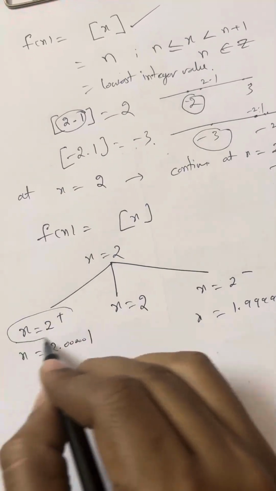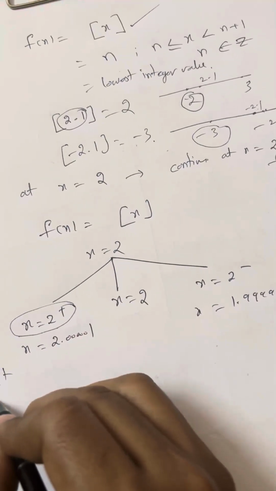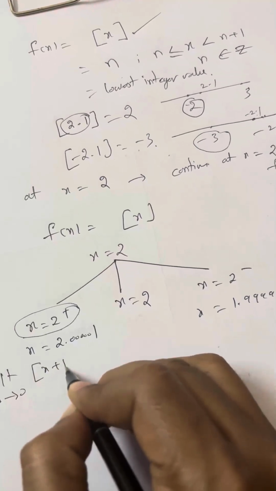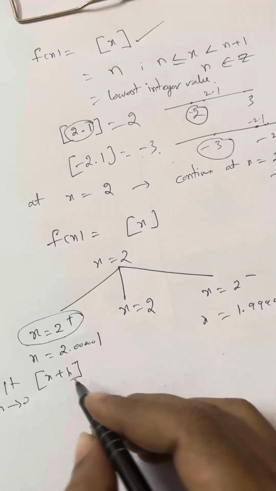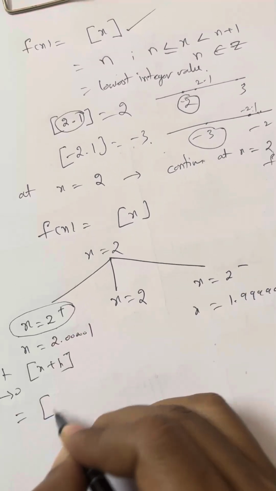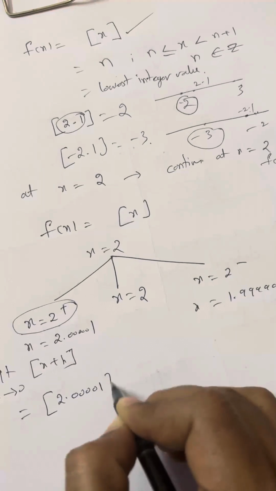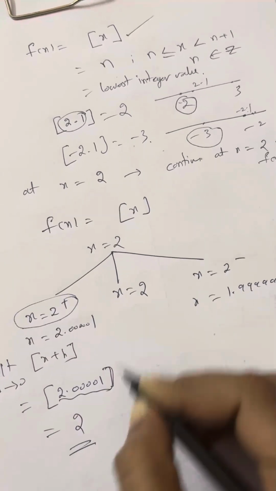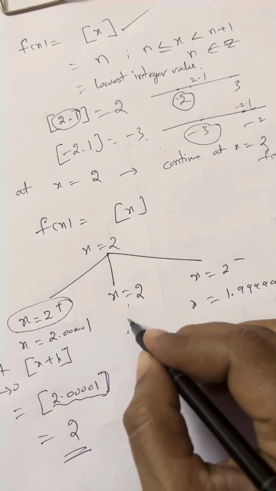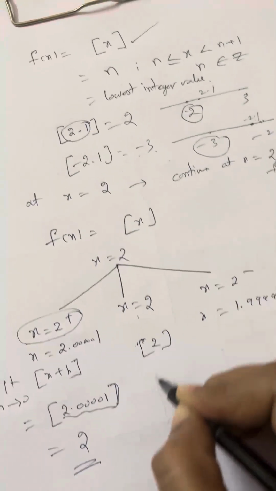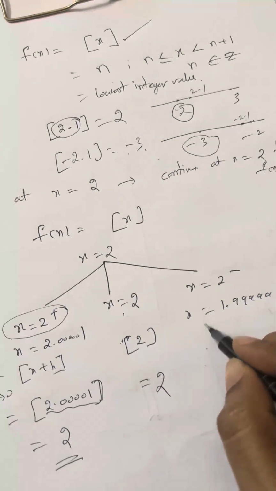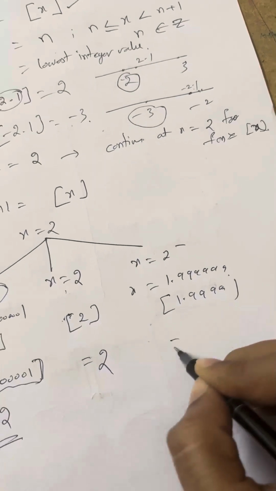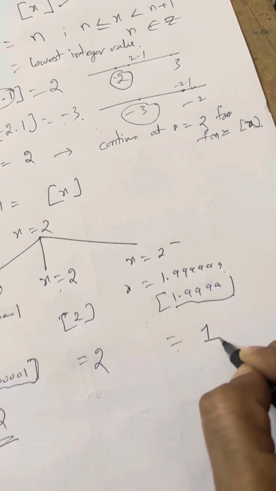When you give the input as 2 plus, that is the limit as h tends to 0 of x plus h, step of 2.00001 is the lowest integer, which is 2. If you substitute x is equal to 2 directly into step 2, again it gives 2. And if you substitute 1.999999, the lowest integer is 1.